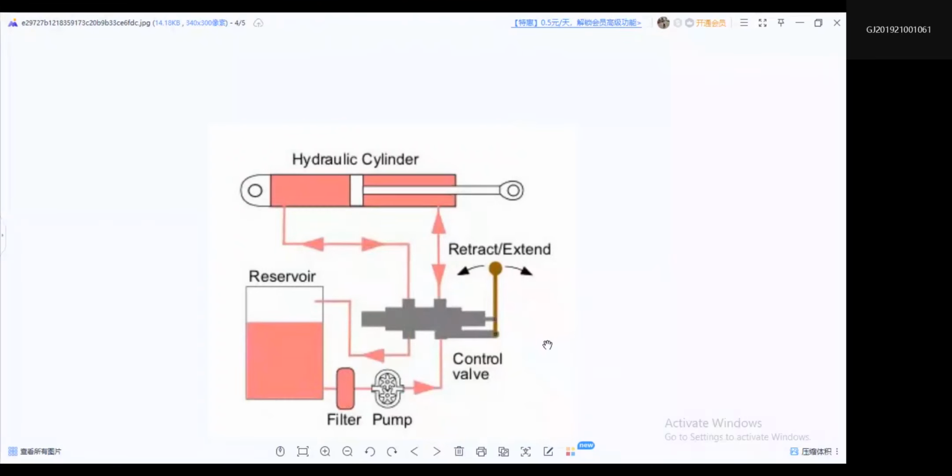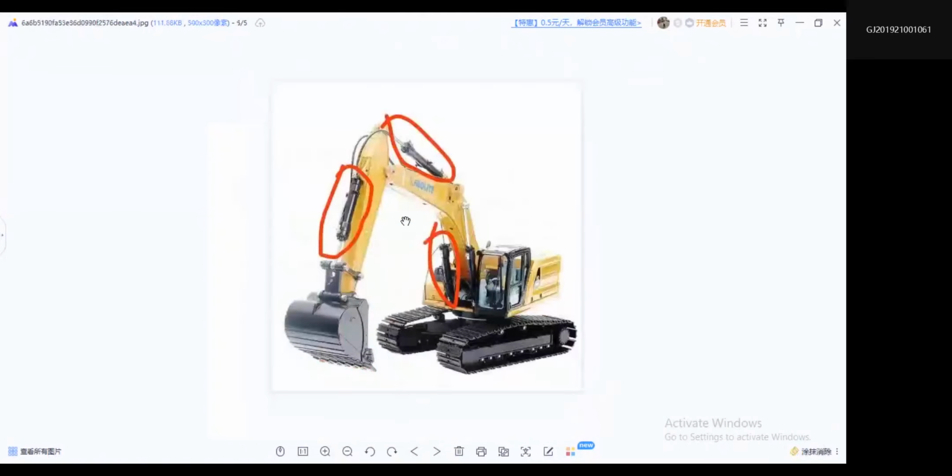Can everyone see those three places that I show? Those are hydraulic cylinders. They are in the machine. Exactly as we say, we can meet them in construction equipment.